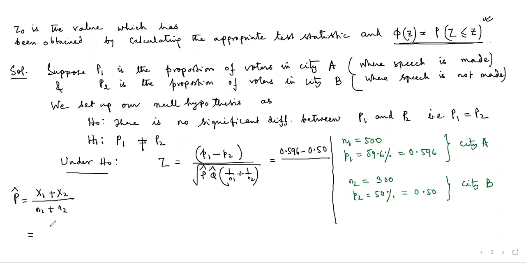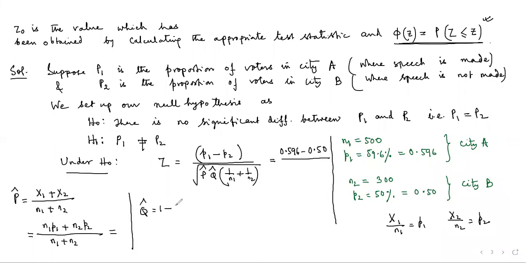So in place of x1 and x2 you can write n1 p1 and n2 p2, divided by n1 plus n2, because we know that x1 by n1 is equal to p1 and x2 by n2 is equal to p2. So by this you can calculate p cap, and you also know that q cap is given by 1 minus p cap.